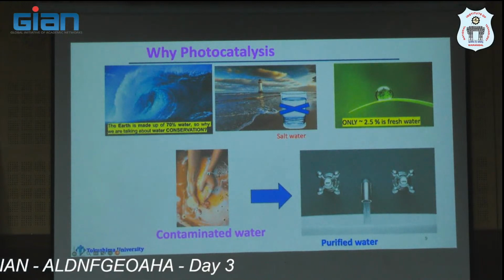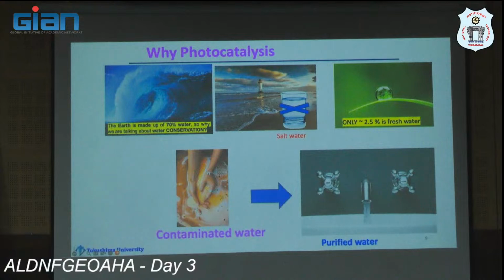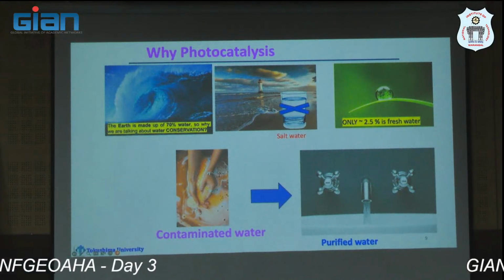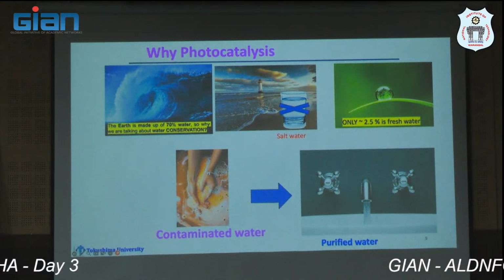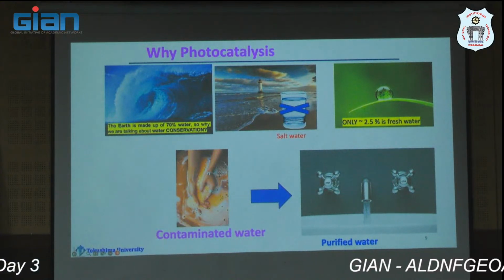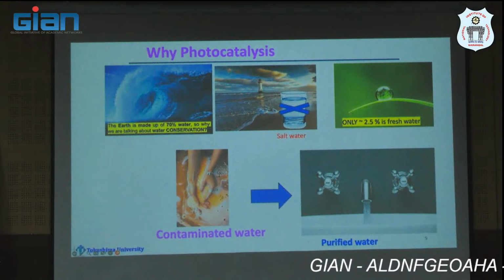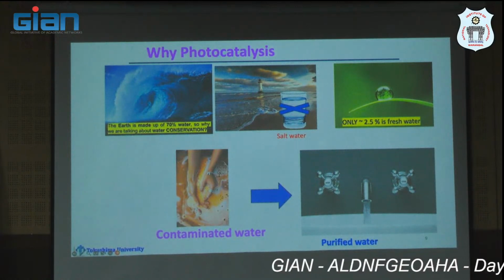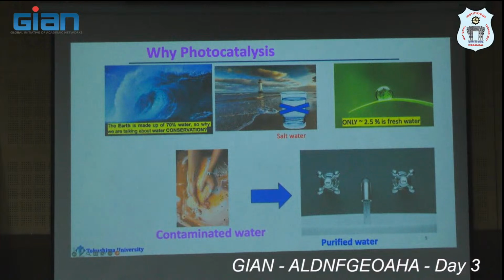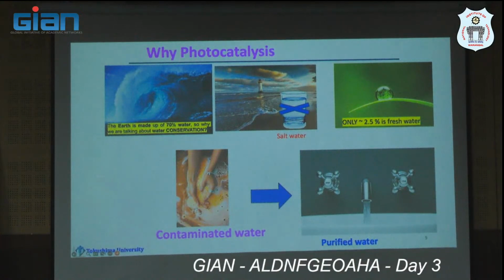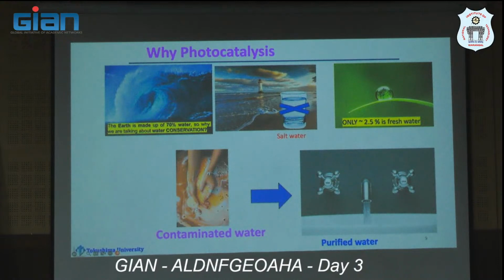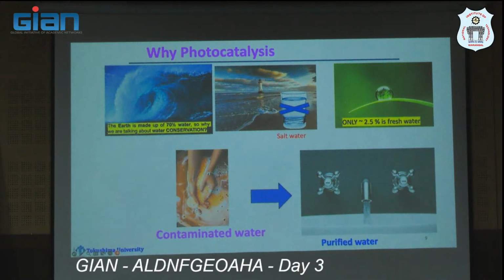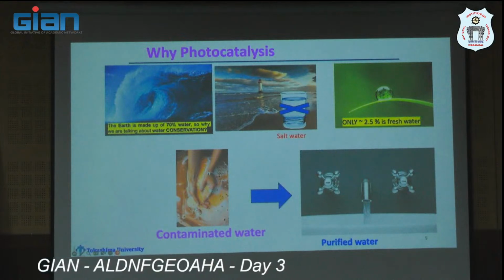Now, in the search for such materials and energy sources, one of the applications is photocatalysis. Before explaining the meaning of photocatalysis, I want to tell you why it is important. First of all, our earth has 70% water.